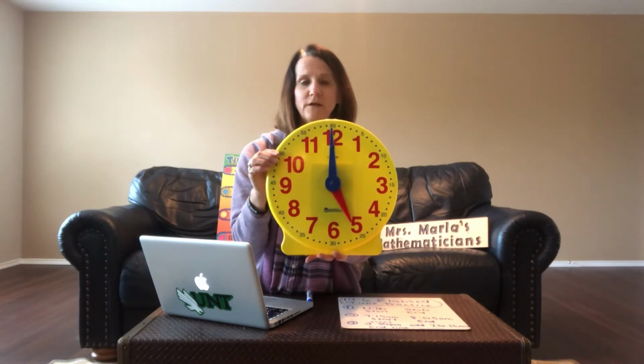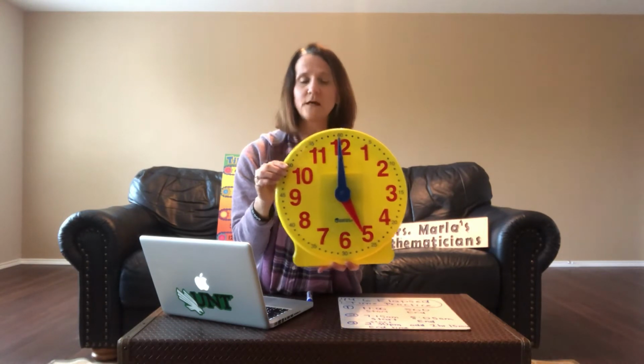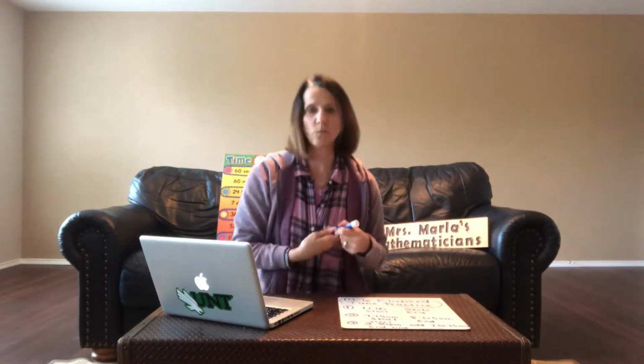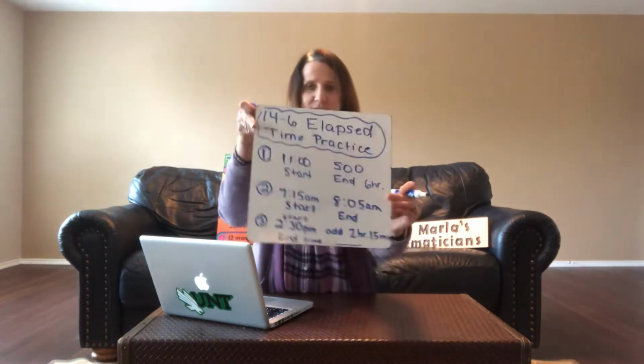So from 11 o'clock a.m. to 5 o'clock p.m. would be 6 hours. So let's say we count on our fingers, it started at 11, so we're at 11 o'clock, 12 o'clock, 1 o'clock, 2 o'clock, 3 o'clock, 4 o'clock, and 5 o'clock. So 6 hours. So for number 1, where it says what is the elapsed time, you're going to write 6 hours.